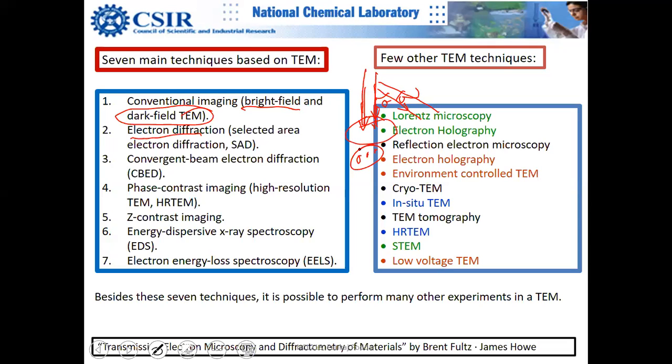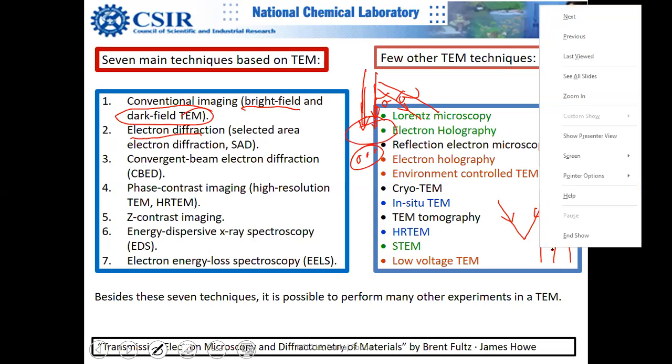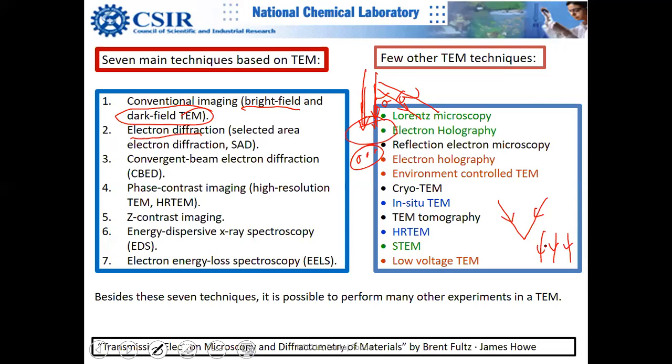So here the electron beam is converging at a single point, right? That is called convergent beam. Everything else remains the same. So normally in a routine TEM, the electrons are traveling a parallel path, right? They are traveling parallel to each other in a routine TEM.